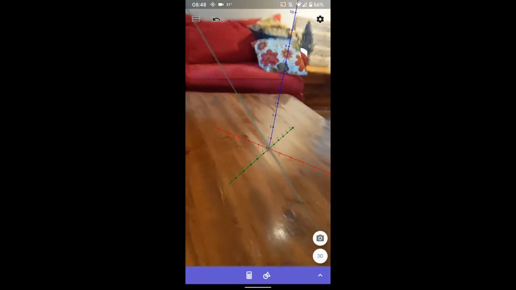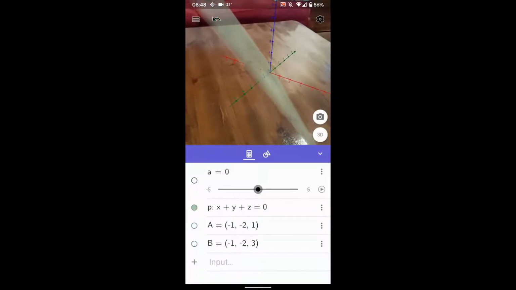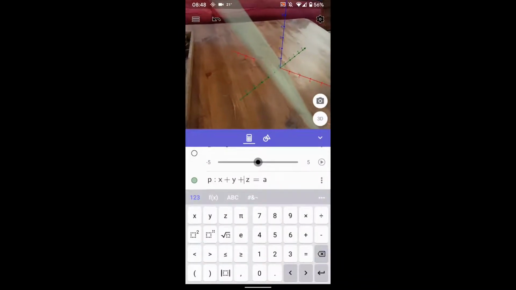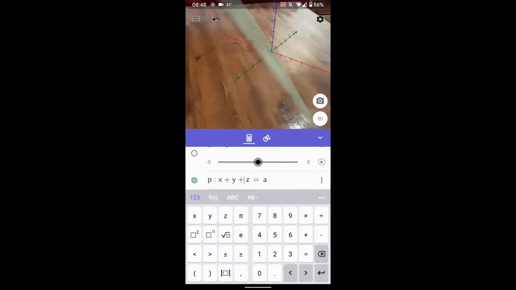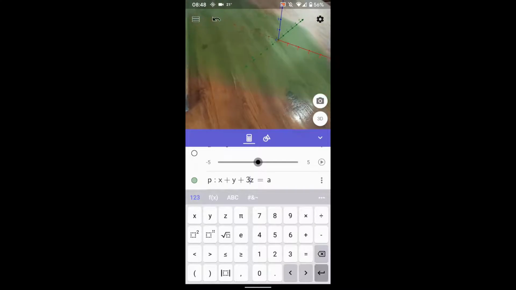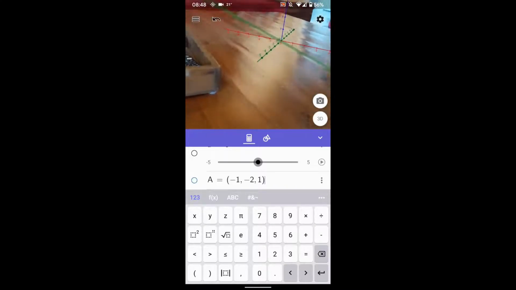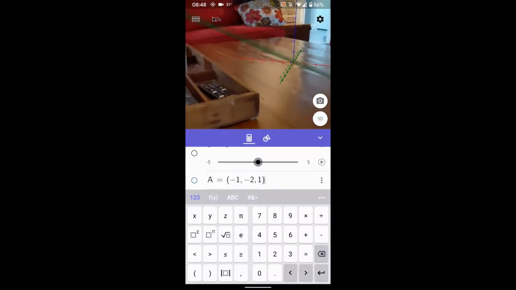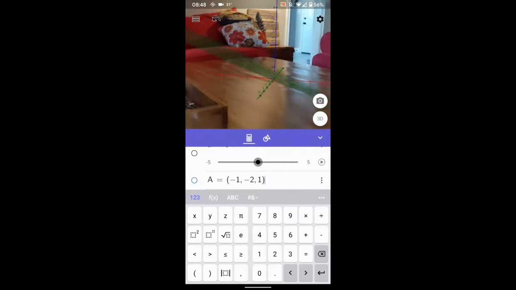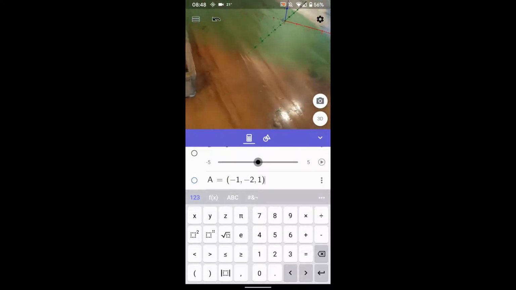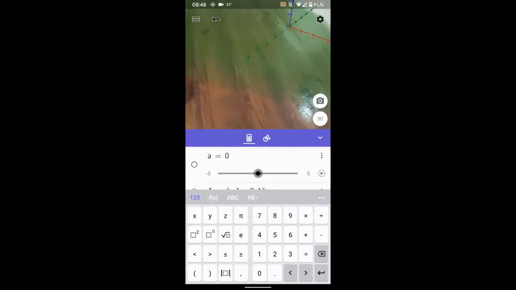And I can tilt it if I change any of these coefficients, but let's say I change the coefficient of the z. Notice how it tilts it down. I'm going to put it back because I don't like that.